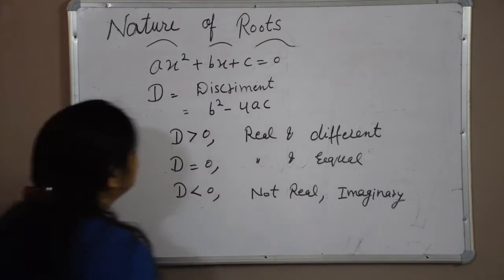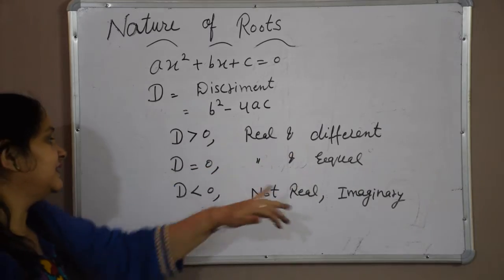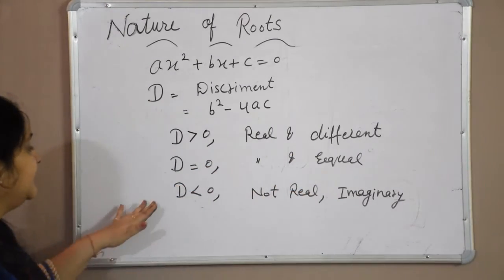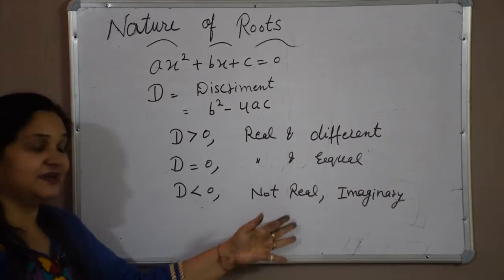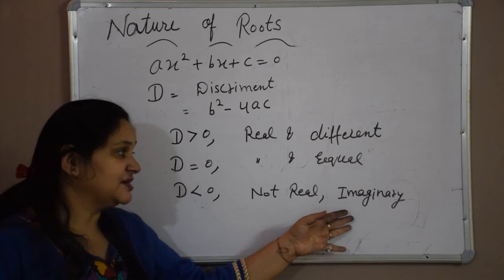So nature of the roots depends totally on D. If D greater than 0, roots are real and different. D is equal to 0, roots are real and equal, and D less than 0, not real. They are imaginary in this case.